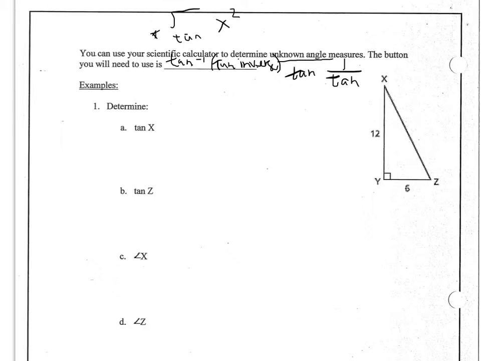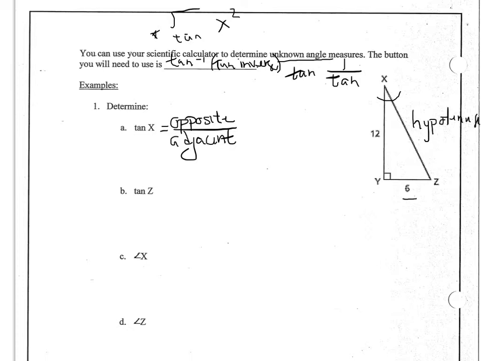So for our example here, for A, we have tan of x. So we find our angle x here, and we need to find the tangent of x. Remember that tangent is always opposite over adjacent, where opposite is directly across from the angle, in this case x, and adjacent is the side beside the angle, but not our hypotenuse.